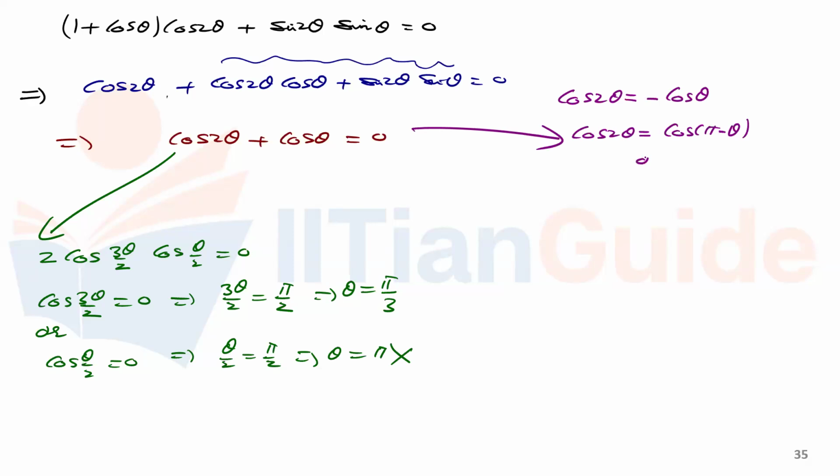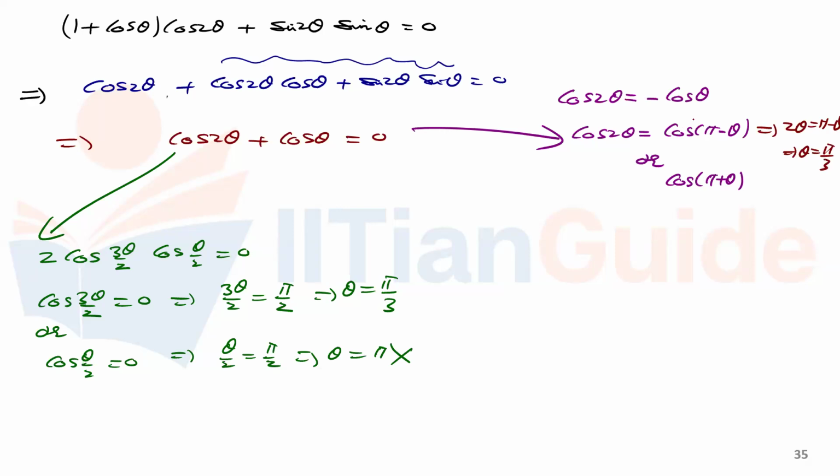Or we can write cos (180 plus theta) also, cos of (pi plus theta), we can write any of them. Now what happens? If you write the above one, you are getting 2 theta is equal to pi minus theta, or you are getting the value of theta to be pi by 3.